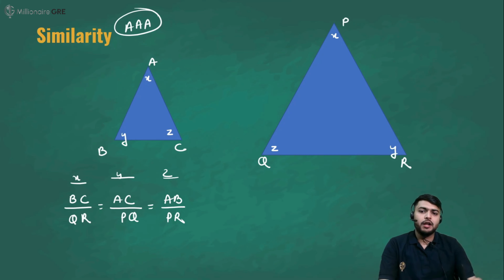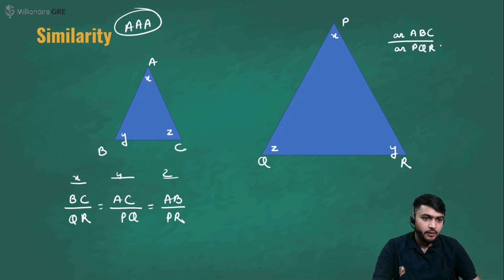Now one more property. If triangles are similar, then the ratio of areas is the square of the ratio of sides. What do I mean by that? It means the ratio of area ABC to area of PQR is the square of the ratio of sides.